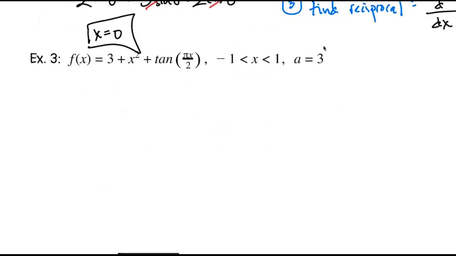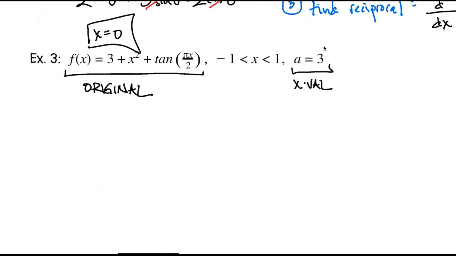With this, we can see that we have an f of x, and this is going to be our original function. And we also have this a equals 3, which is an x value on the inverse, but that means it's a y value on the original.